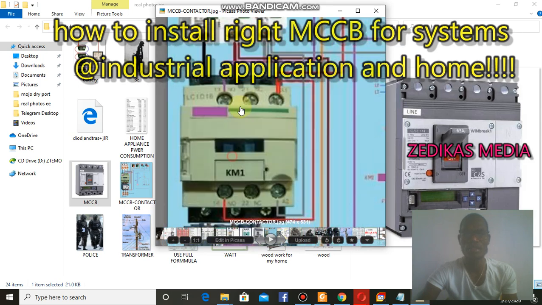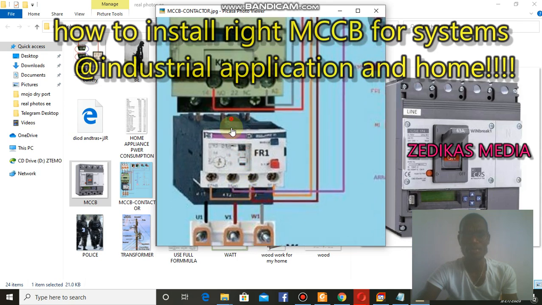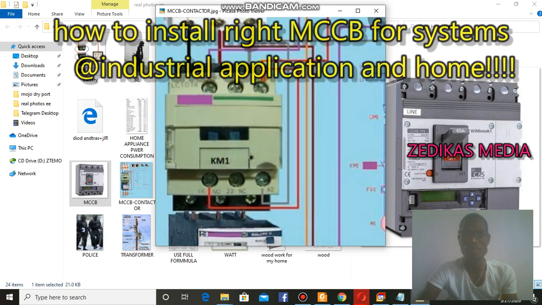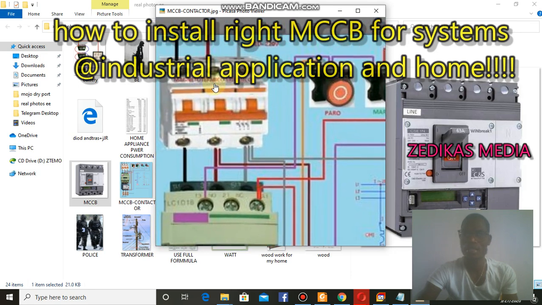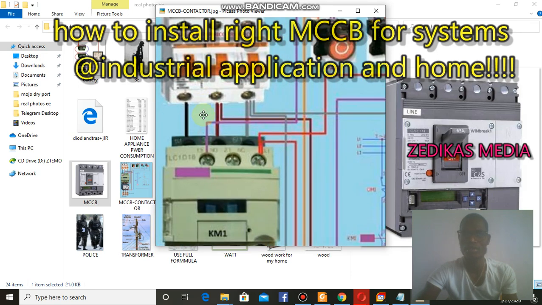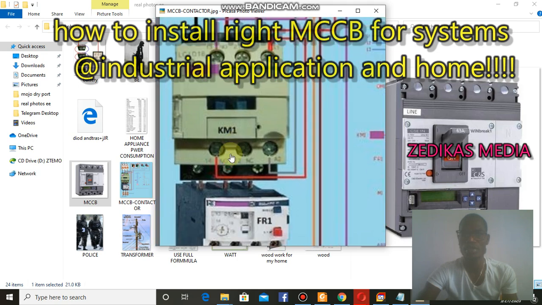The physical components of this device are very simple and minor, but the advantage in certain industries or home machineries is very important.